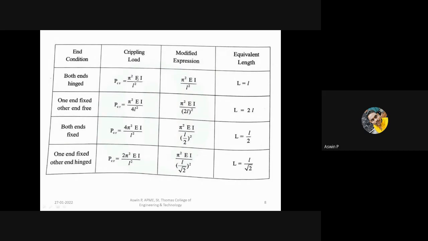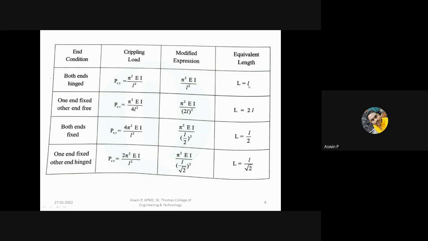No need of writing all these terms. Actually, this is best. Both are same. Actually, here there is no change.